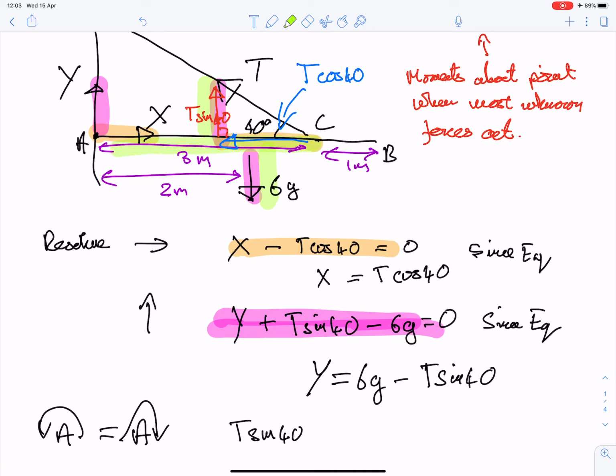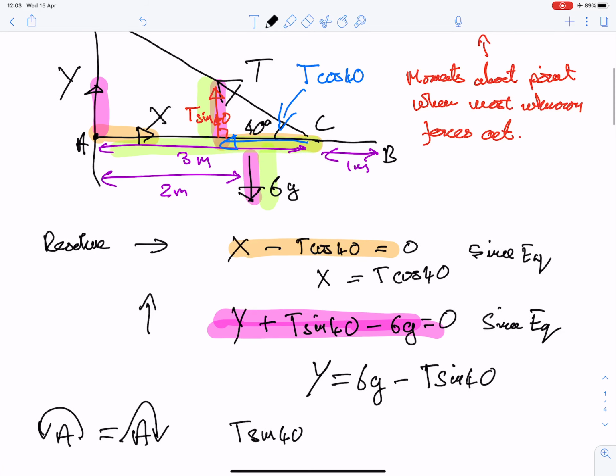All the others act through A, so they have no turning effect. So these two, T sine 40 and 6G, are going to have the turning effects. So let's have a look at the anti-clockwise one. That's the T sine 40. So T sine of 40, and its perpendicular distance to the line of action is here.